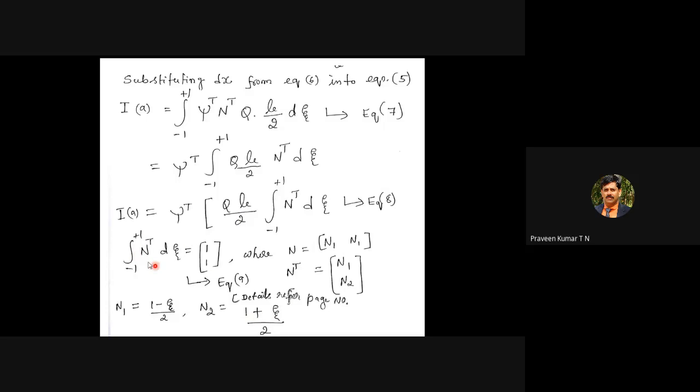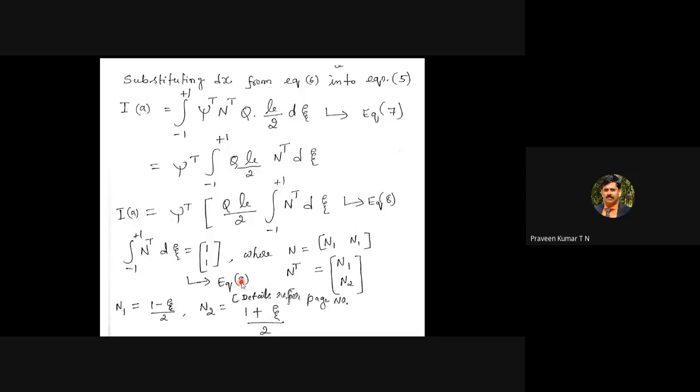After substituting and integrating, the integral from minus 1 to plus 1 of n transpose into d xi is equal to 1 1. Yesterday we have done it. Those are two or three integration parts, so I did not include all those within the derivations; I put them in the last pages of the PPT so that there is no confusion. That's part of your integration, the derivation, but you can keep it at the end. If you know the value of the integral of n transpose d xi from minus 1 to plus 1 is 1 1, you can write it straight away. But if you forget this value in the examination or test, you have to derive it.